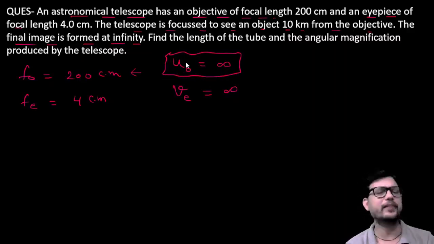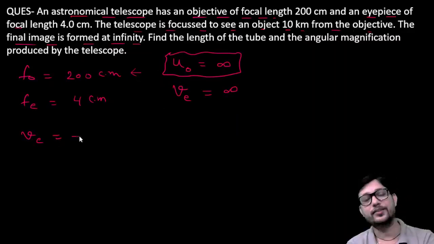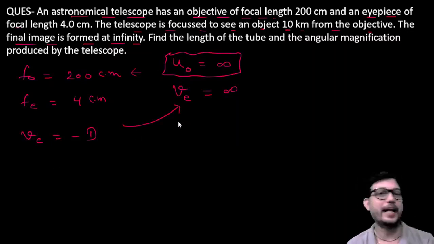We know that the object is at infinity, but for the image we have two conditions here. The first condition is at minus D, the distance of distinct vision, or 25 centimeter. The other situation, on which this question is based, is that the final image is at infinity.